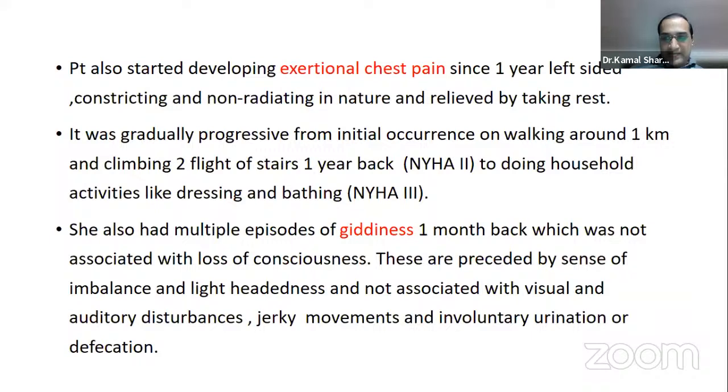Remember, in HOCM, the obstruction is dynamic in nature. Anything that will cause the LV cavity to become small or the force of contraction to increase will increase the obstruction. That's the basic mechanism. If you've gone through my lecture on HOCM on the app or the free lecture on YouTube on the DocTutorials subscription, you will see that dynamic auscultation has been explained: how the murmur of HOCM worsens on standing, and so also Valsalva.